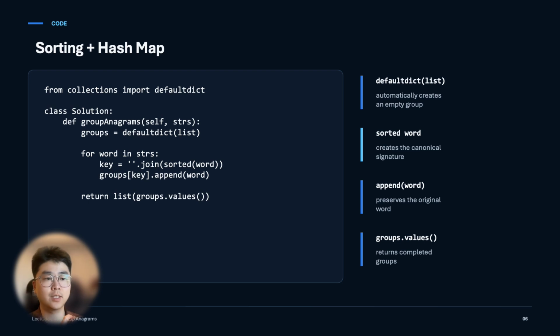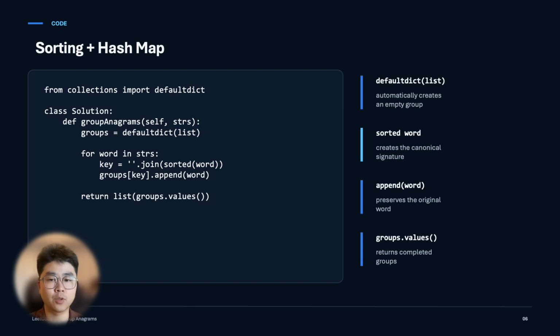Now the code that GPT gave me is actually quite short. For each word, we sort its letters to create a signature. Then we use that signature as a key and add the original word to the correct group. After we finish all the words, we simply return all the groups.